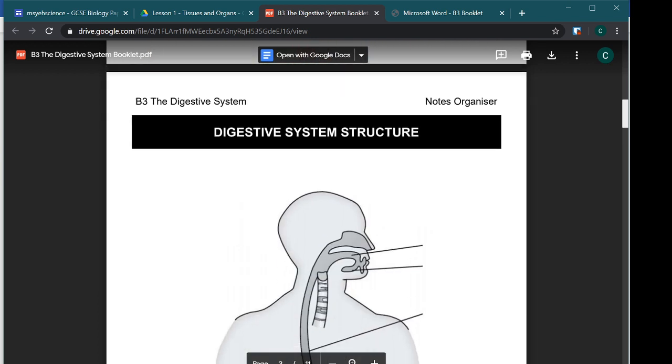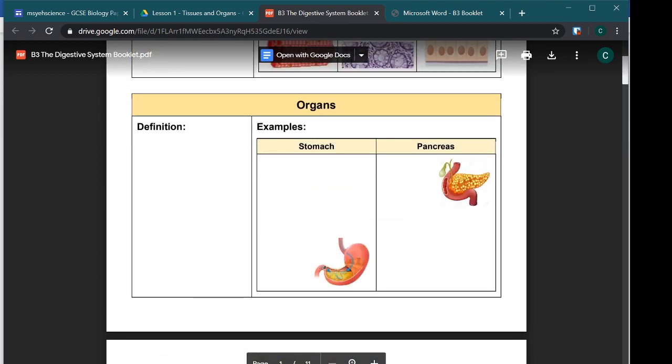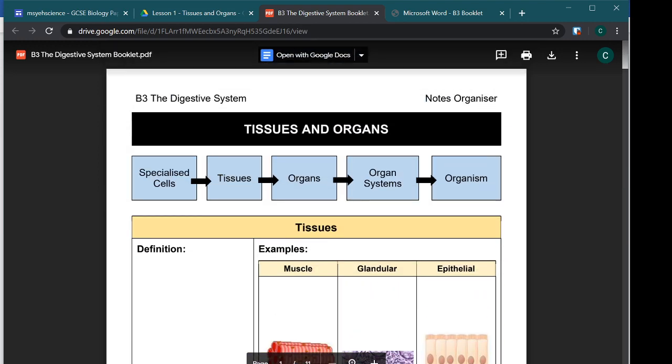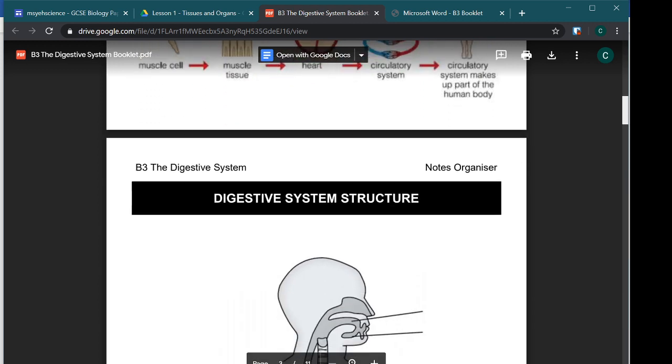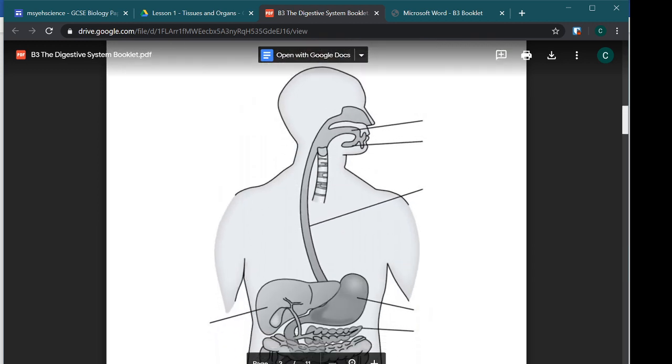If you just look through Kerboodle, the textbook, it can be a bit overwhelming because there's so much writing and so many different sections, where you don't really know how to trim it down to what you actually need to know. I have redone all of my booklets to be based off Kerboodle, so you can actually go on to Kerboodle and log in.